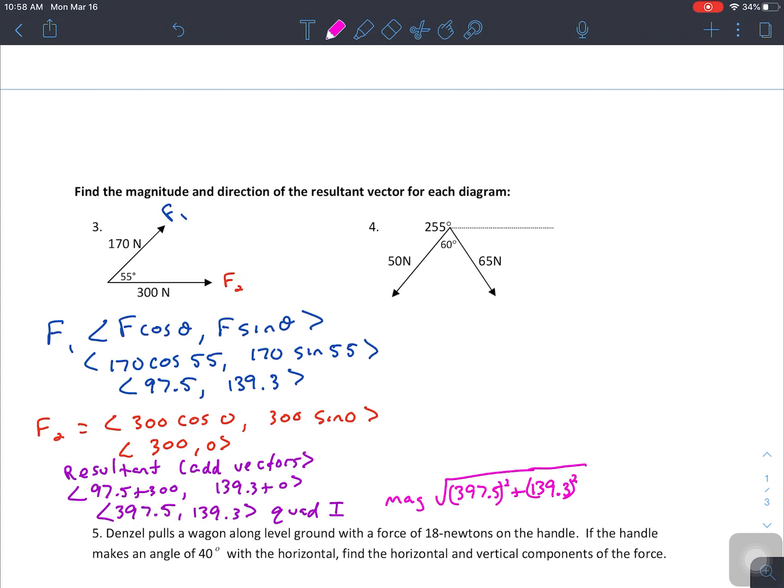Take those, put them in your calculator, and we have the magnitude, which is now the force in terms of newtons, at 421.2 newtons.